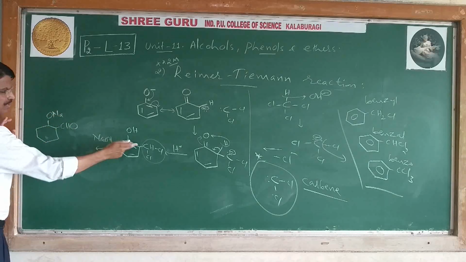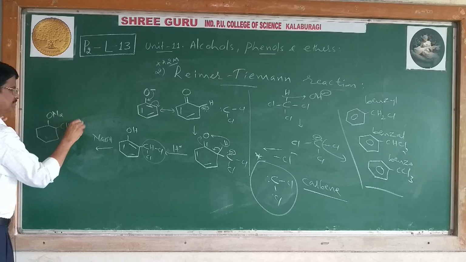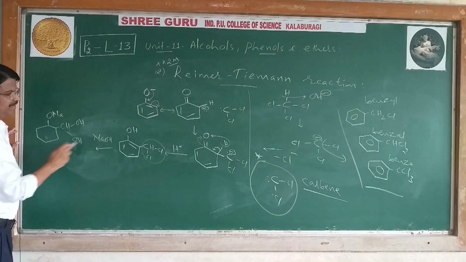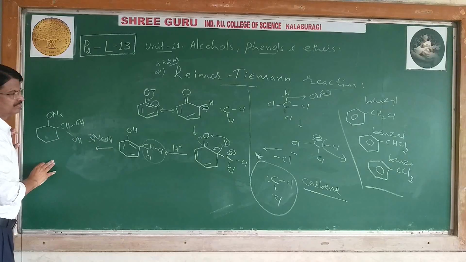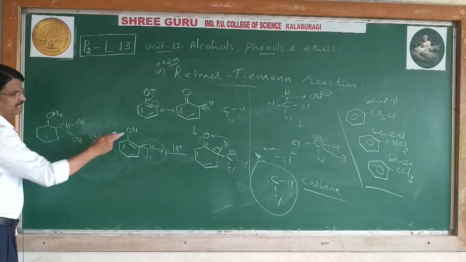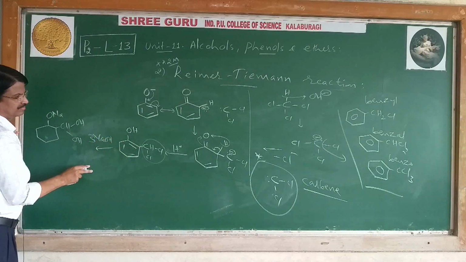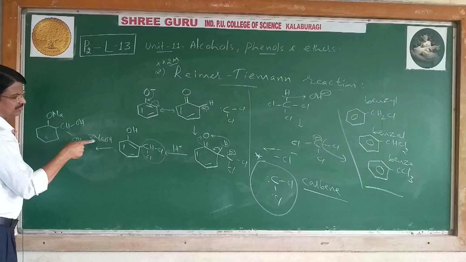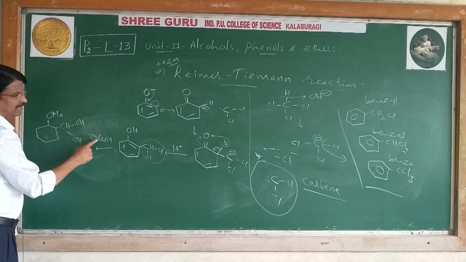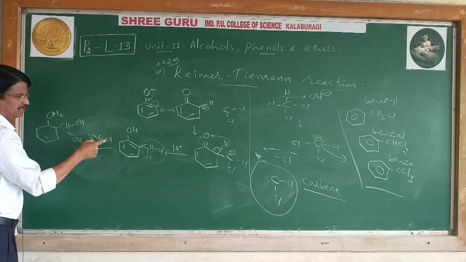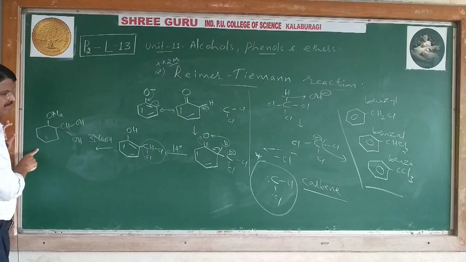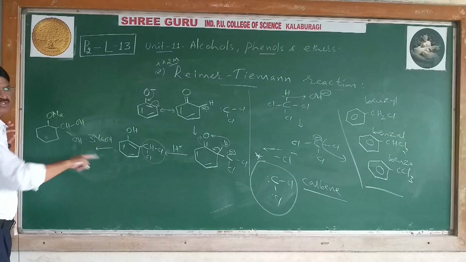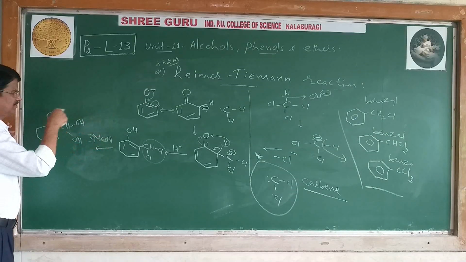CHO. Because this group, with NaOH, three NaOH, gives NaCl and H2O. Next, here ONa, NaCl, 3 OH and 3 Na, 1 Na here, Na here, means minus 2 NaCl, minus H2O and 1 Na here.